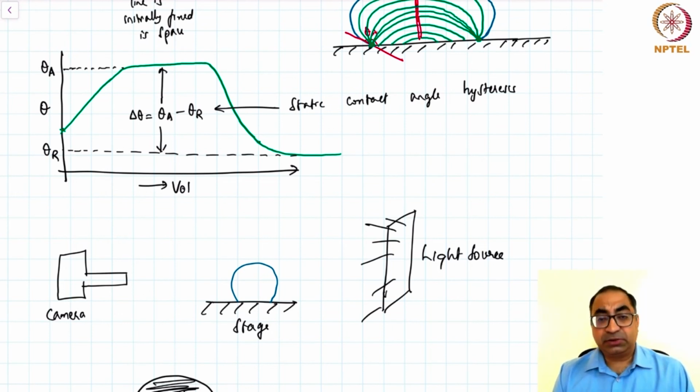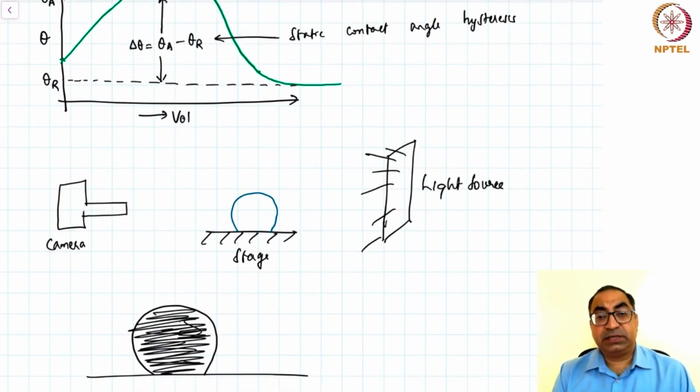Okay. Now the story doesn't end here. These are the static situations. What about the dynamic situations? In the next couple of lectures, we'll also see situations where the angle can change because of motion.